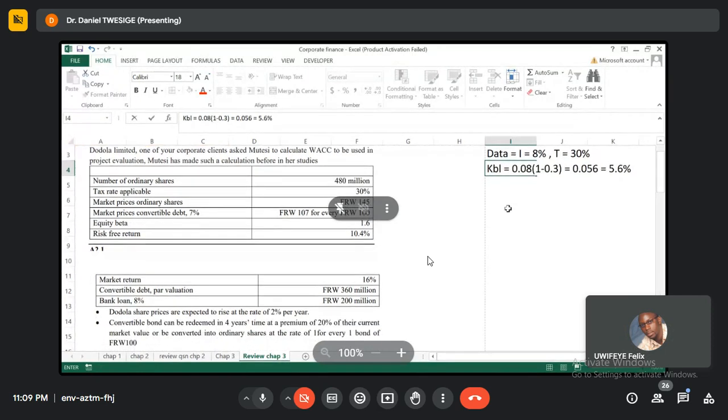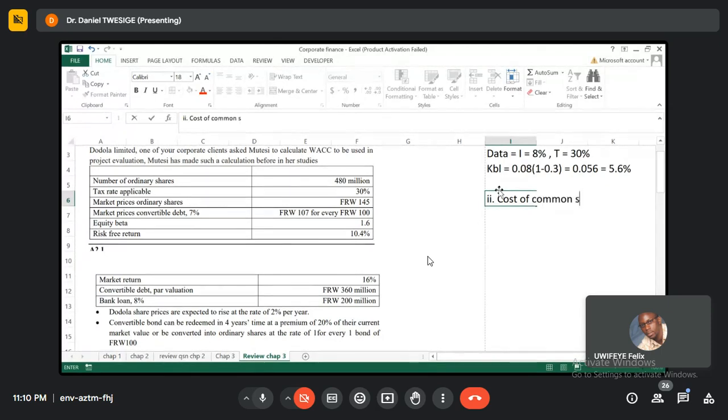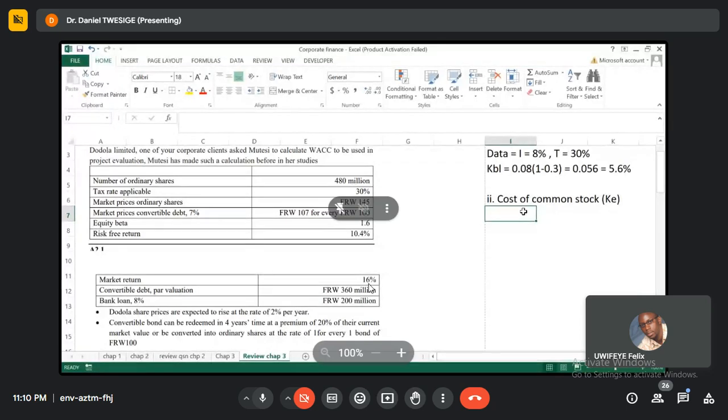Now, the next part that we need to calculate, which is still a bit simple, is the cost of common stock or ordinary share, which is my KE. Based on the data we have, we are not using a dividend model. What we are using is CAPM.